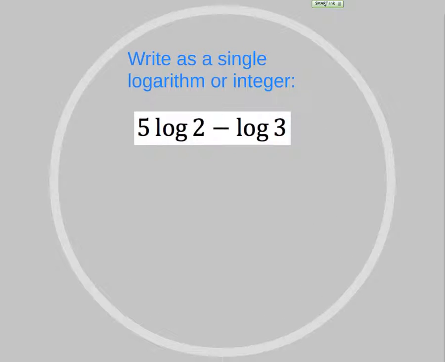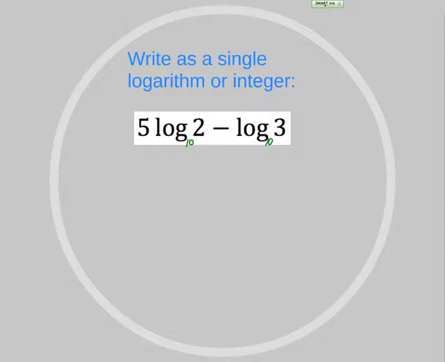So I've got the same directions, right: write as a single logarithm or integer, and I've got 5 log 2 minus log 3. So we're actually going to use 2 different laws in the same one here. I noticed right away that I don't have a base, so that means they're both base 10, so I don't have to worry about not being able to put them together.